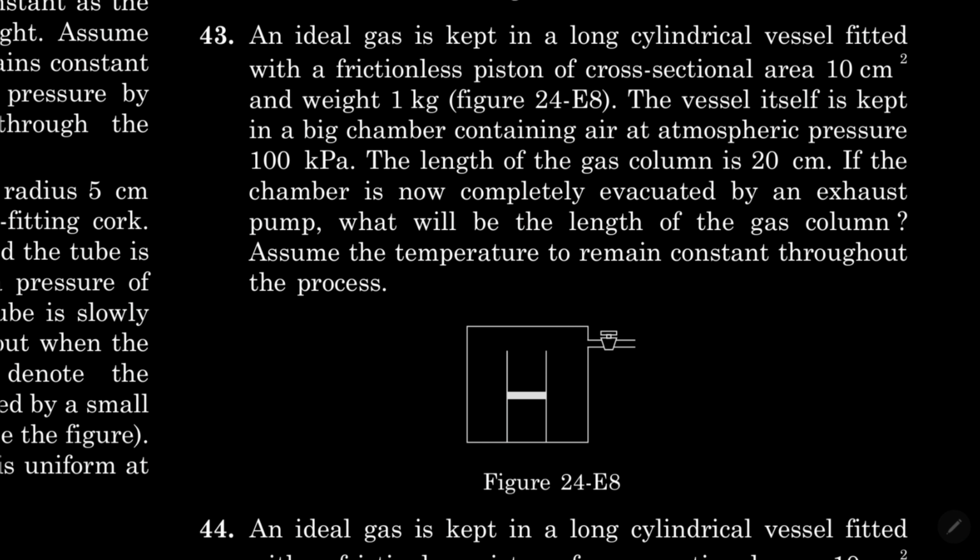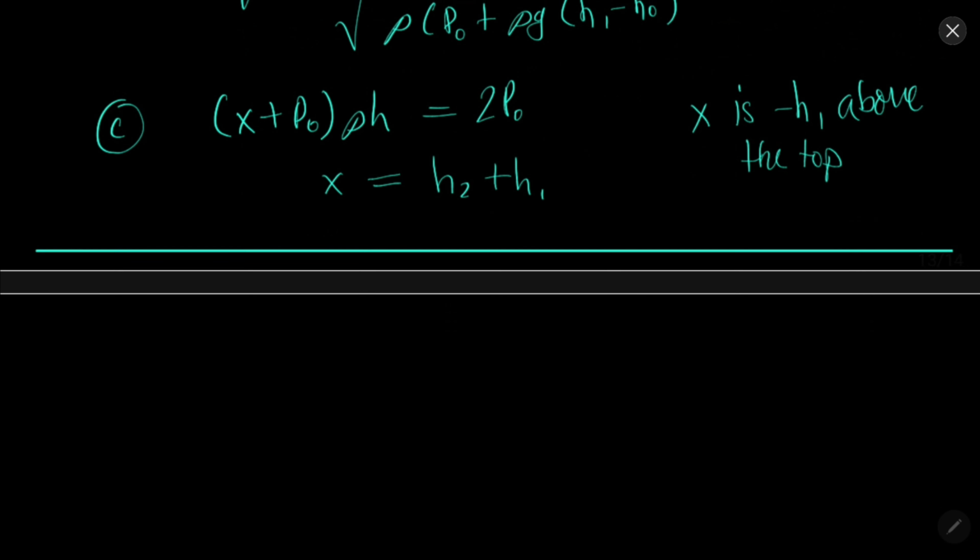In question 43, an ideal gas is kept in a long cylindrical vessel. We need to find, if the chamber is completely evacuated, the length of the gas column. Solution 43. P1 V1 equals P2 V2.